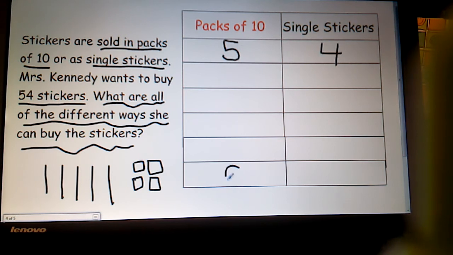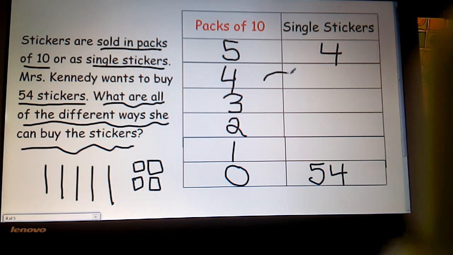Jumping down to the bottom, phrase it, if you had no packs of 10 or no longs, how would you make that number? Well, I could always use 54 cubes, or Mrs. Kennedy could get 54 single stickers. Lastly, students can also just fill in the organizer, now knowing that you're always going to have one less than the column above you.